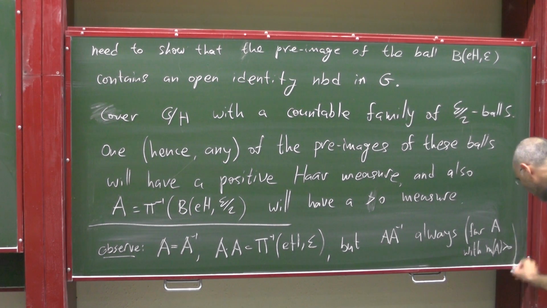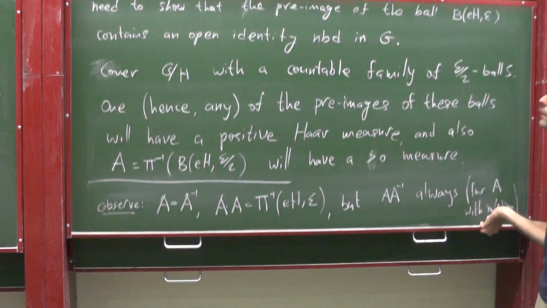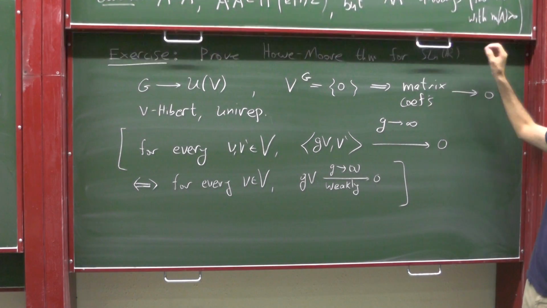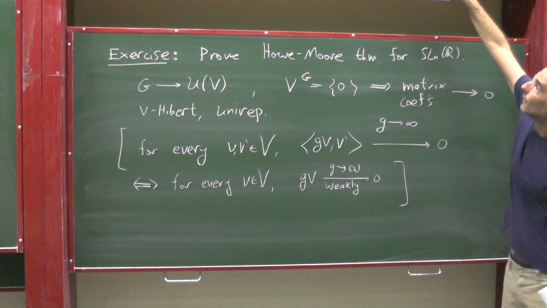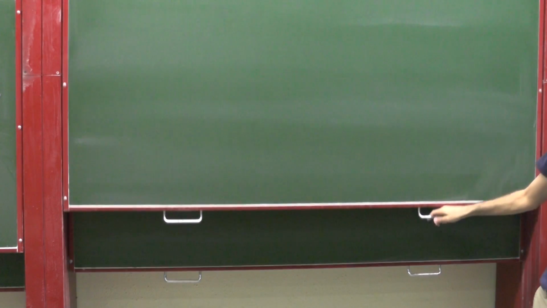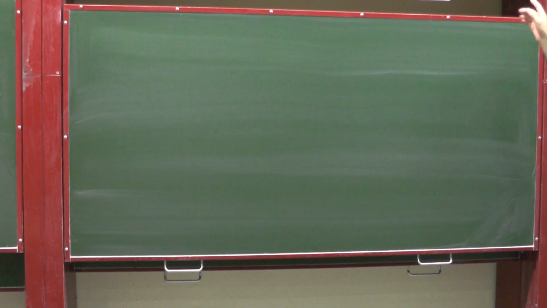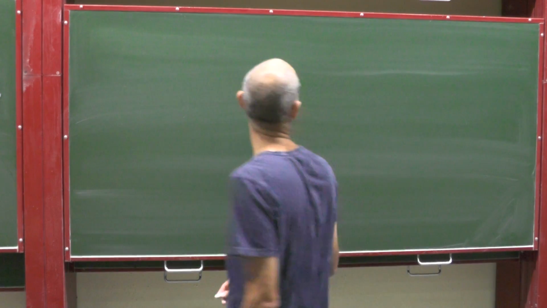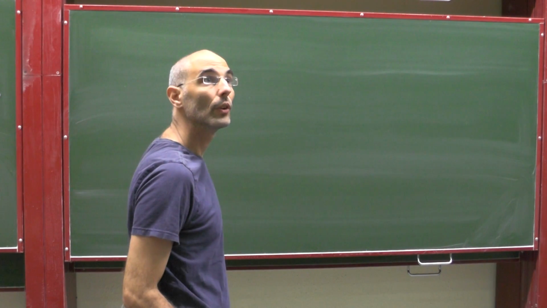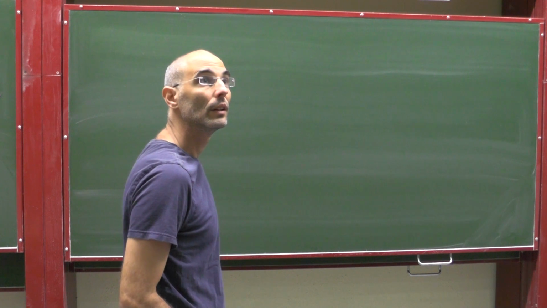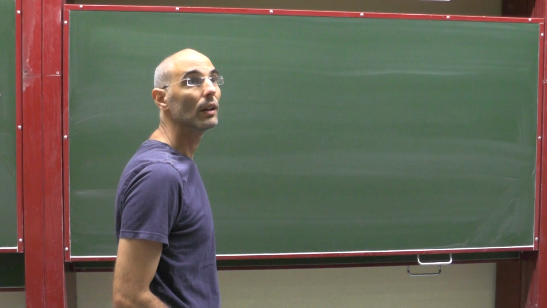I hope you know this fact, that if you take a set of positive measure in a group, and you look at A A inverse, it does contain an open identity neighborhood. We could know it for the circle, for example, not for an arbitrary group.